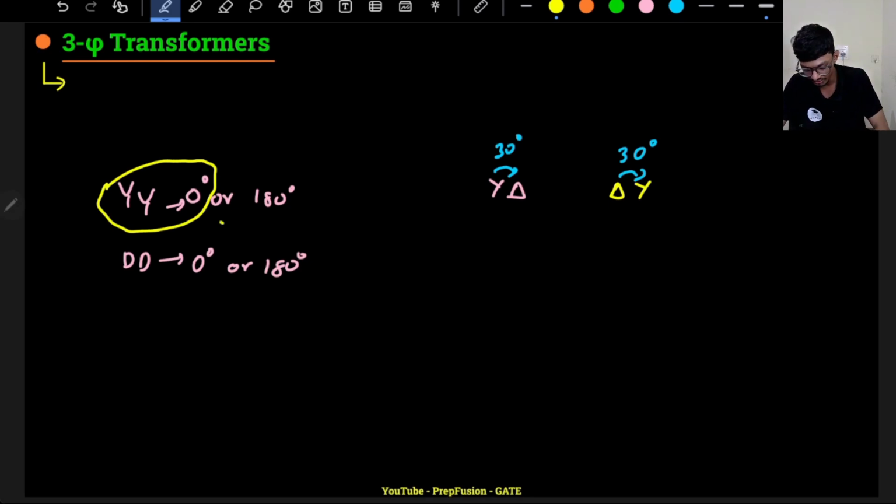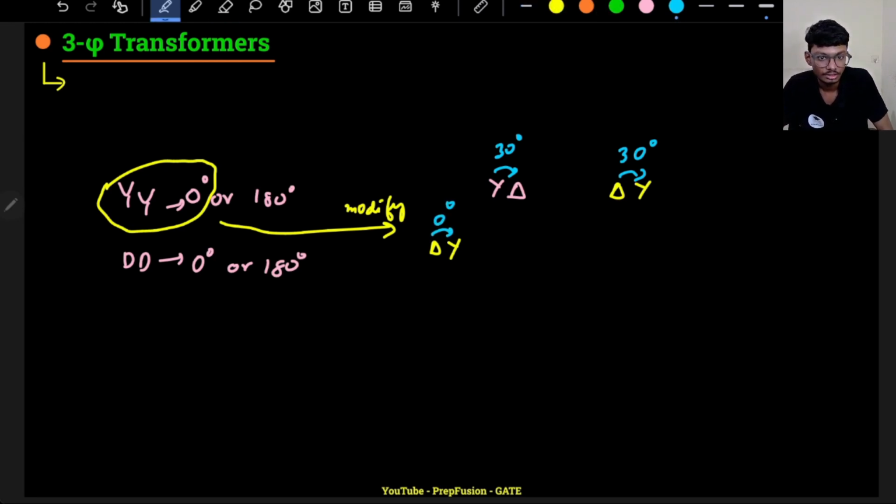So what we do is modify this star to star design to implement a delta to star that has a phase shift of 0 degrees. Now how will we do it?